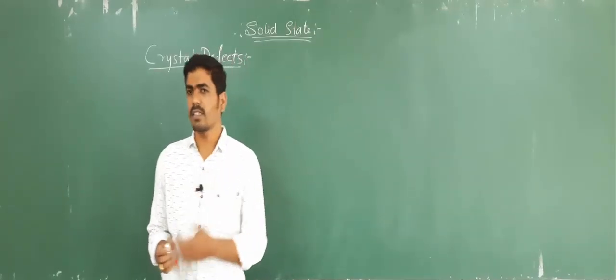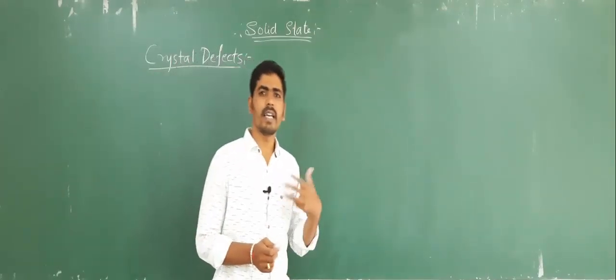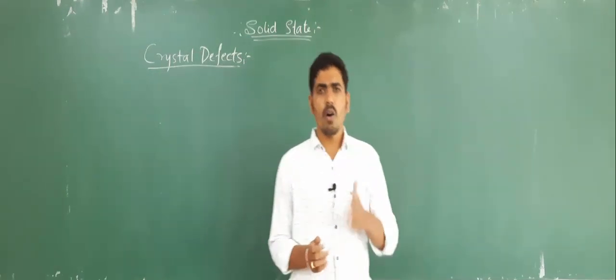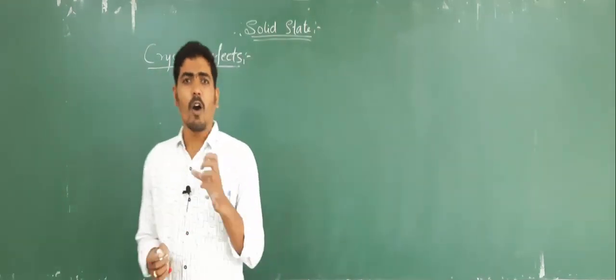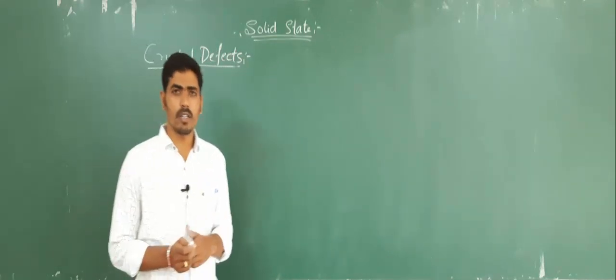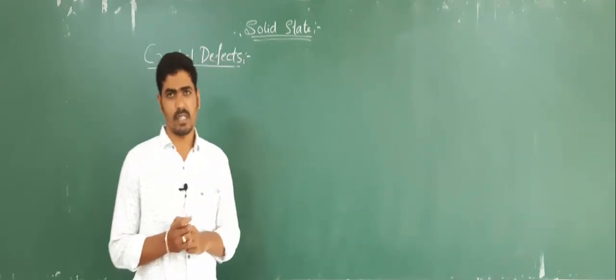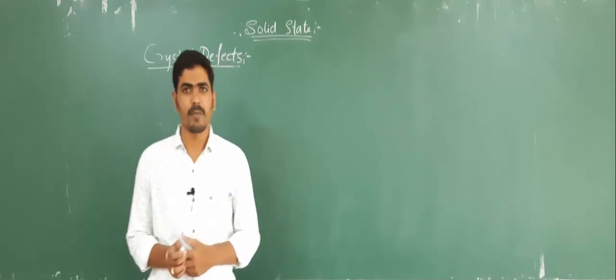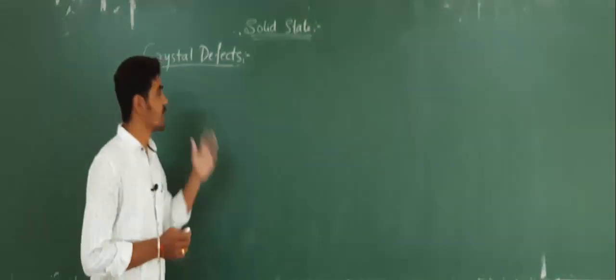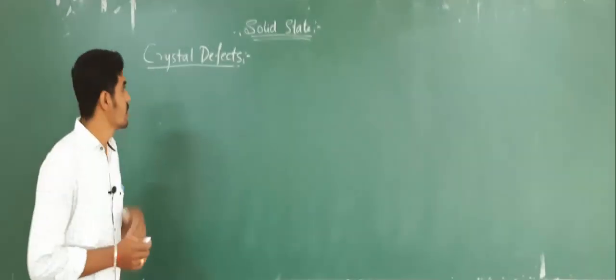When we consider NaCl, ZnS, AgCl, AgBr, all those kinds of ionic crystals, how the defect occurs in those types of crystals and what type of defects they are said to be, that we will discuss in today's video.